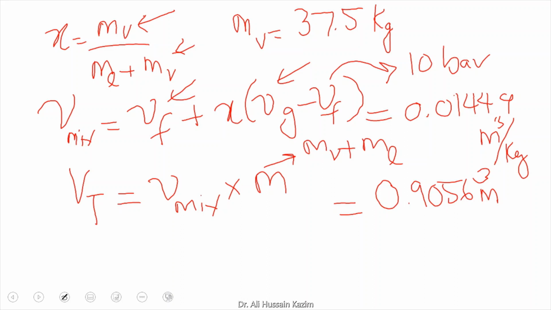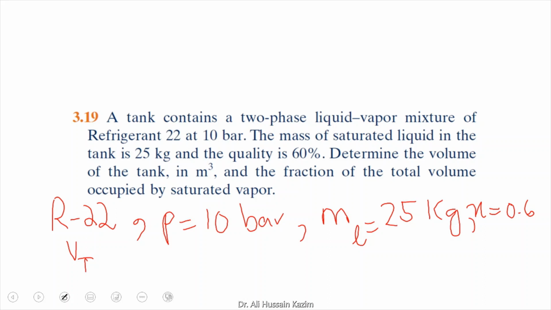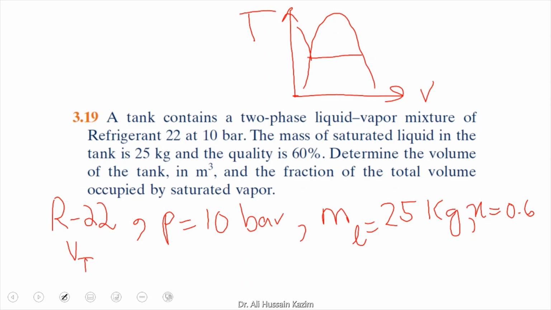If we draw this on a Tv diagram, this distance from here to here is Vf, the specific volume of the liquid.